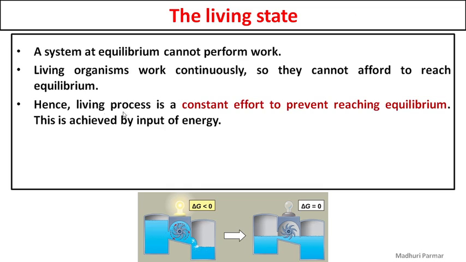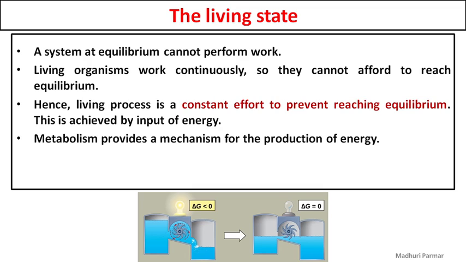Hence, the process of living, surviving, is a constant effort to prevent reaching equilibrium. Your body is constantly trying to not reach equilibrium, and this can only be done by input of energy. You have to give a lot of energy just to make sure that you do not reach equilibrium.